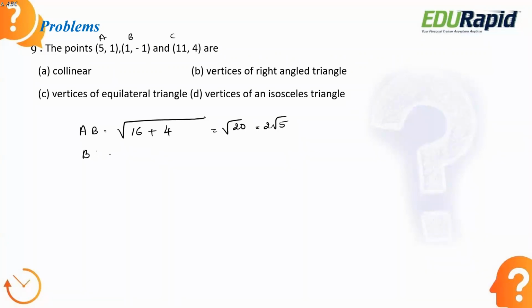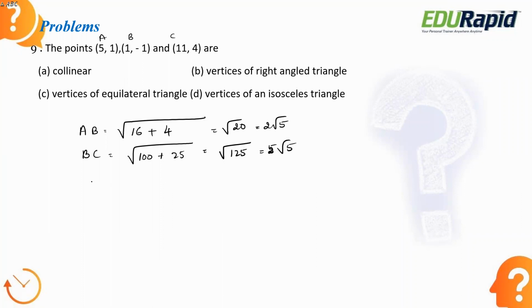And what would be BC? BC will be again 1 minus 11, that is 10, 100 plus 1 minus 4, 5. 5 square is 25. So I'll get 125. 125 would be 25 into 5. So 5 root 5.